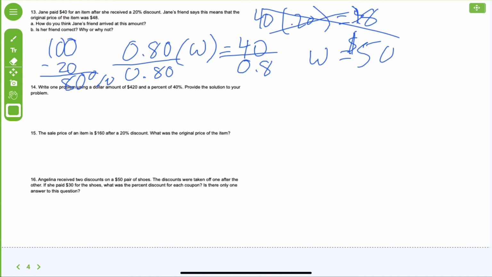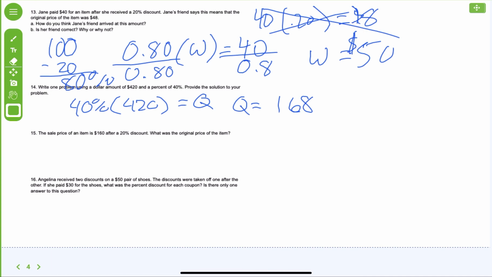So we're going to say that 40% of an item is what? That would be the problem that we write. So all we have to say is 0.4 times 420, and that would be 168. So 40% of 420 is 168.